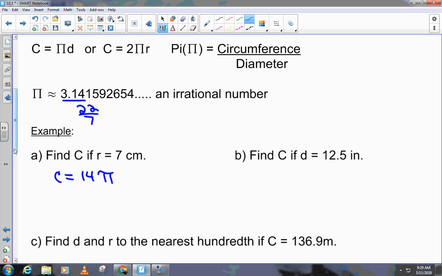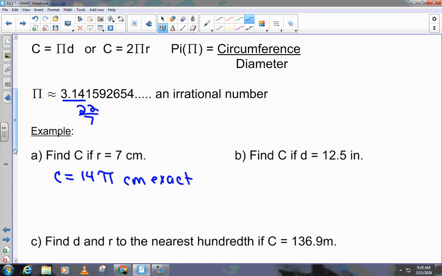Now, this is what we call an exact answer when you give it in terms of pi. And that's important because if we're going to use this answer to calculate something else, we want to keep it exact until the very end. Because with any problem, the more you round, the further away from the answer that you get. And so you need to work with it in terms of pi.